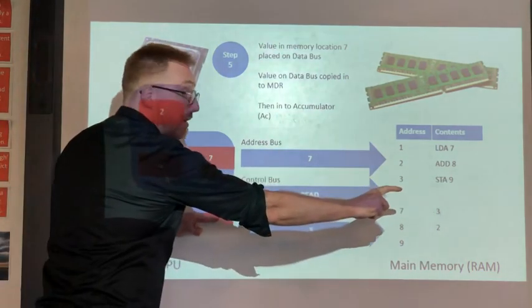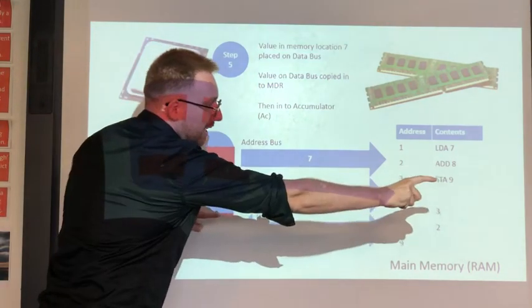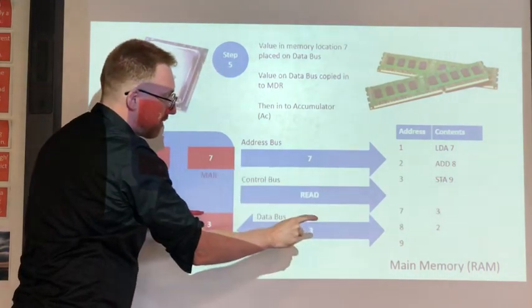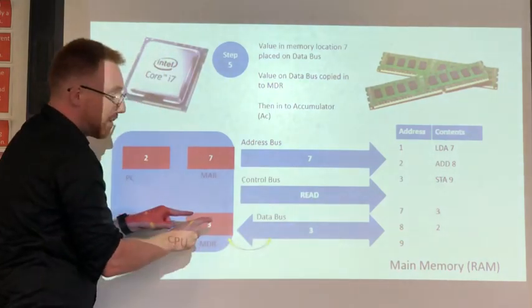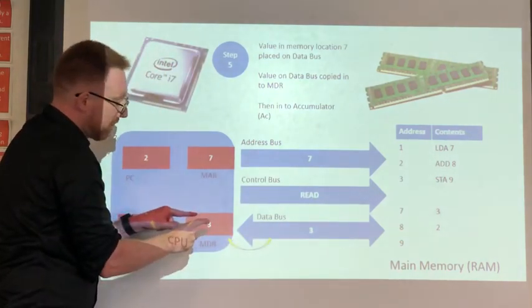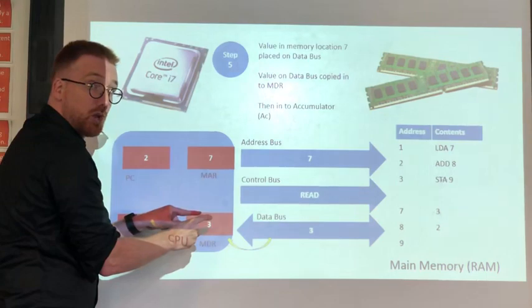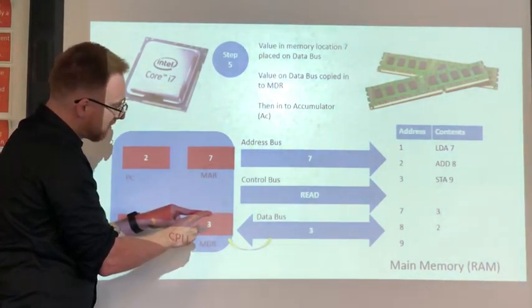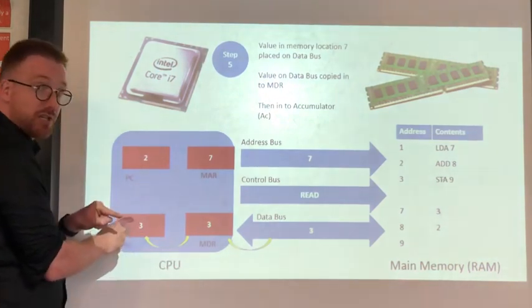So, what value is in location 7? It's 3. So that goes onto the data bus, and it can come into the memory data register. Because the instruction was load into the accumulator, we can then place that value into the accumulator.